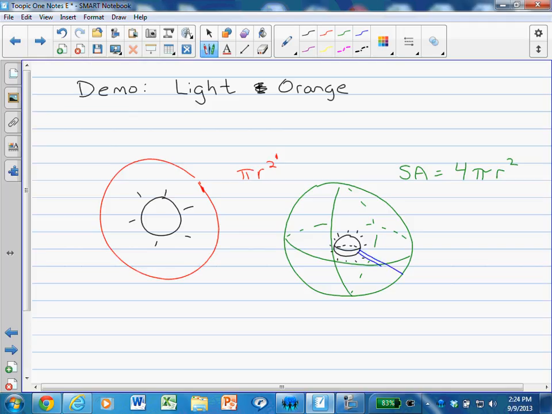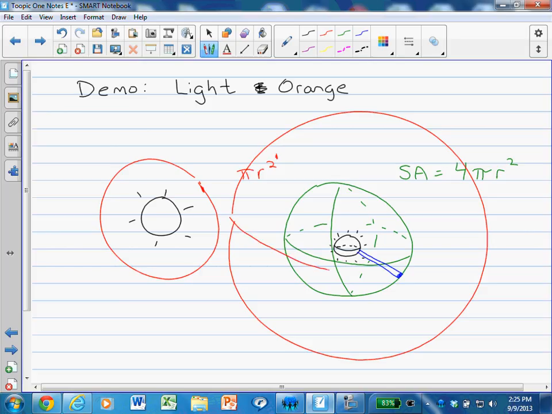But as it goes farther out, say a larger sphere like out here, then our area coming out has to grow to a larger piece there. Okay? So the light that's being generated is getting spread out on a larger area, right? A sphere with a larger radius.